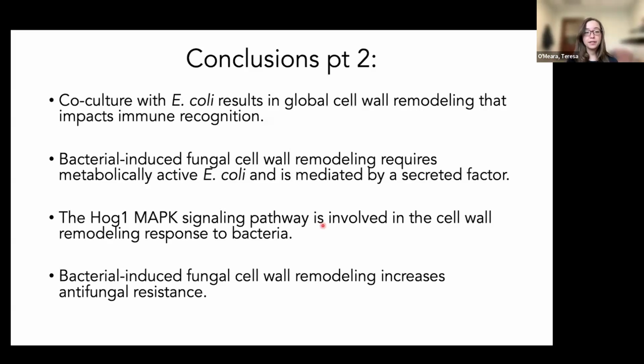That Candida is responding to those secreted metabolites through the HOG1 signaling cascade, so it's a pretty central process for Candida. And that this bacterially induced fungal cell wall remodeling might also increase antifungal resistance. So we're hoping to investigate this further as well.